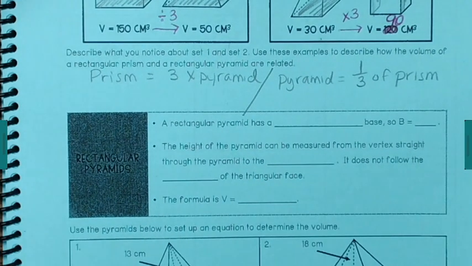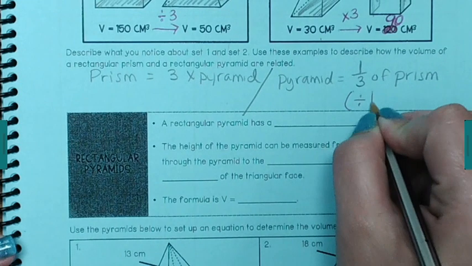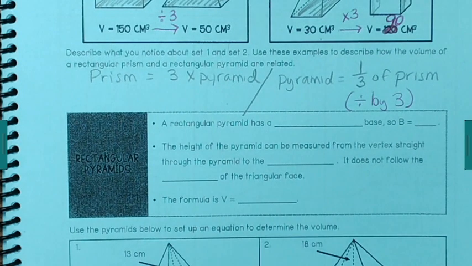Prisms are 3 times the pyramid. Pyramids are 1/3 of a prism. How do you find 1/3 of something? Perfect. To find 1/3 of something, you're dividing it by 3. Okay. So 3 is going to be our magic number today.